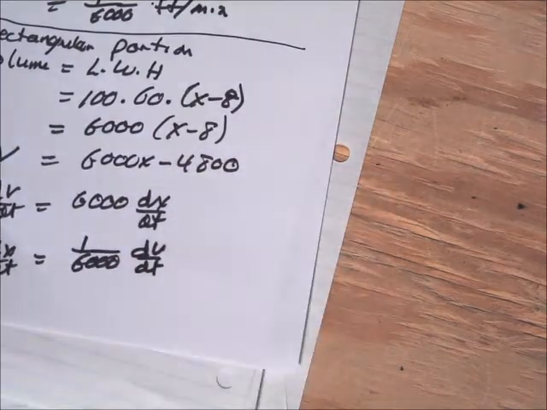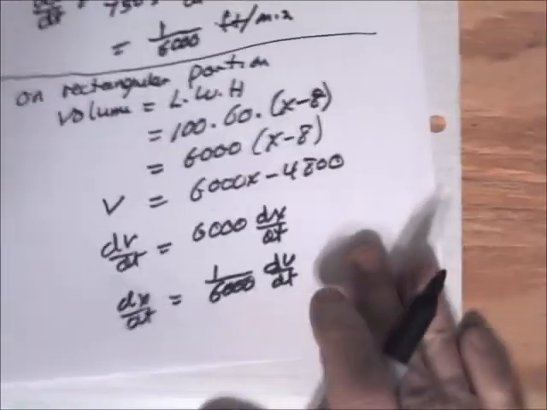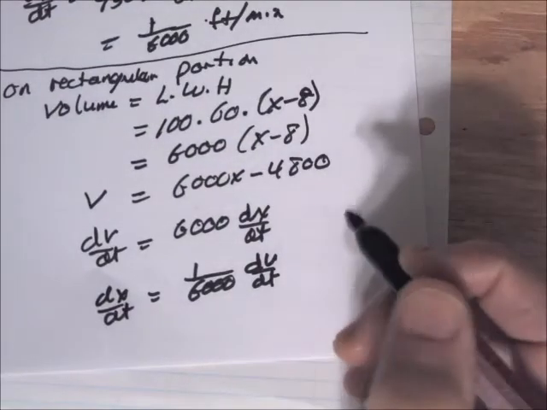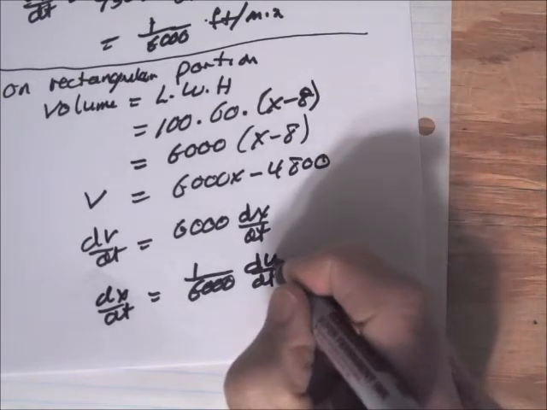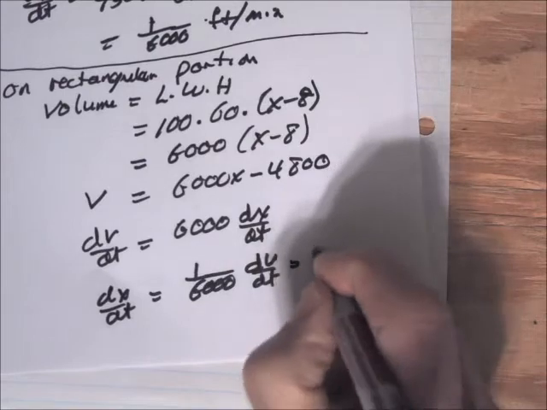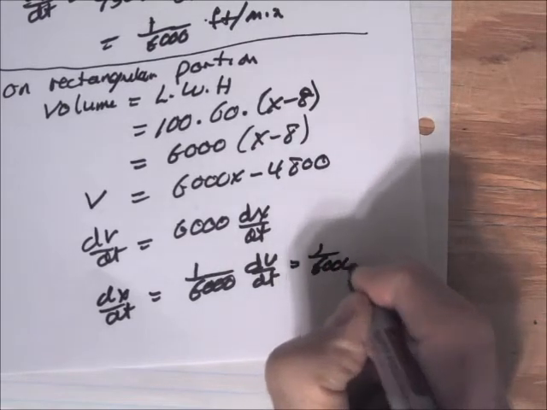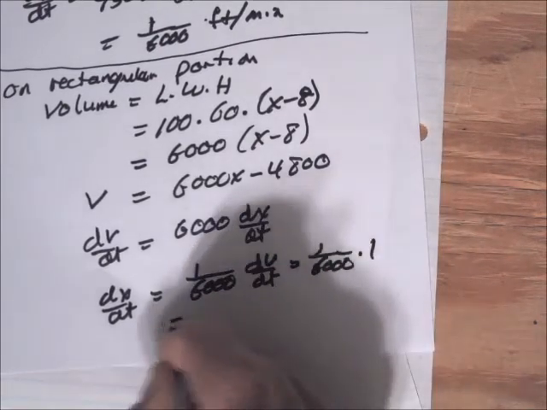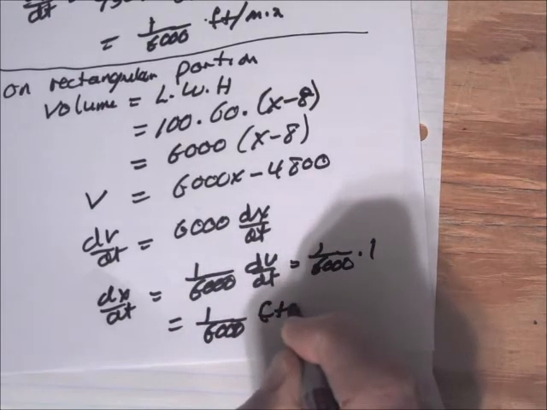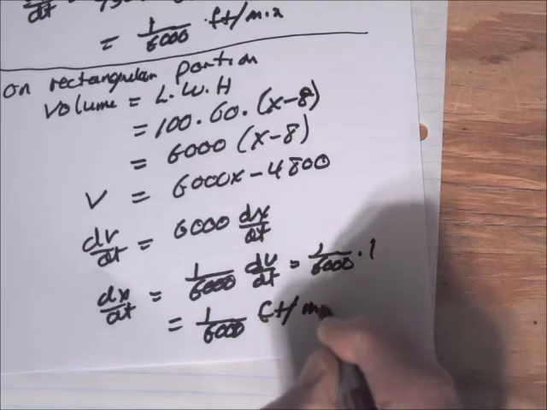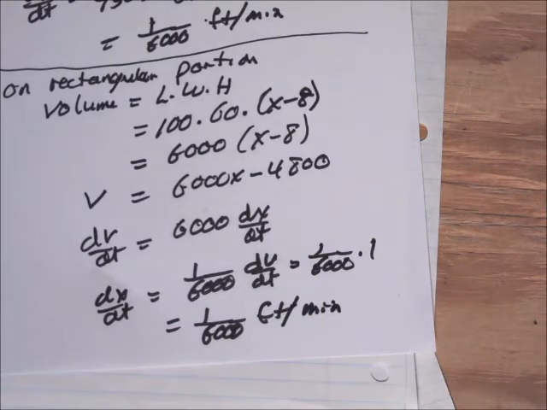So on the rectangular portion, the level of the pool is changing at a constant rate. dV/dt is 1, so this is 1 over 6,000 times 1, so it's 1 over 6,000 feet per minute. On the triangular portion, the rate of change of the height changes.